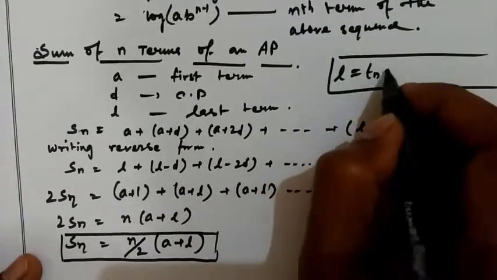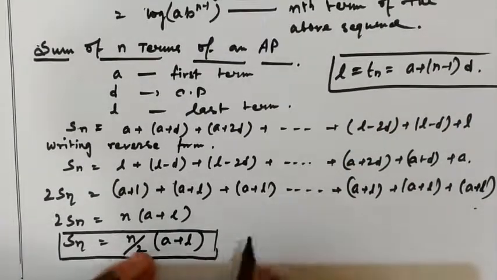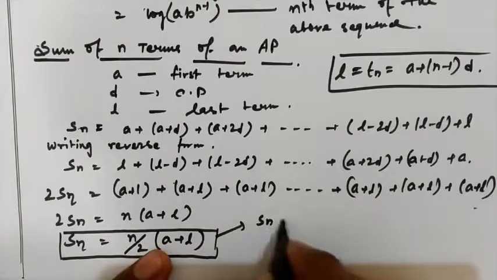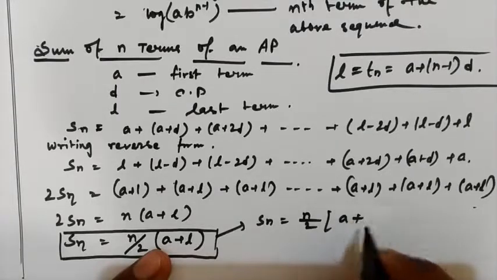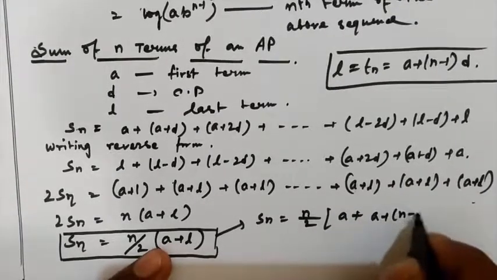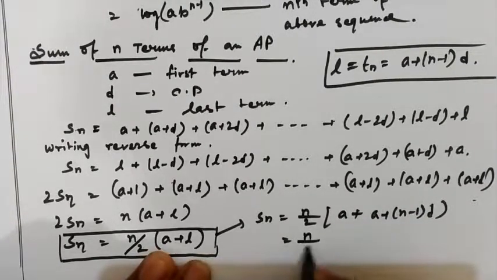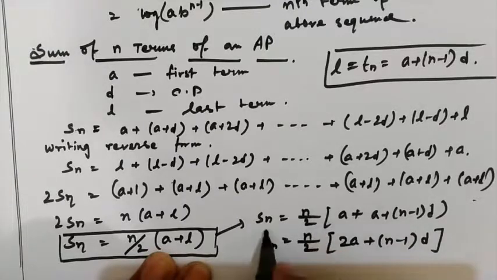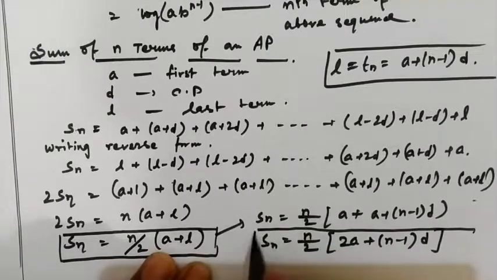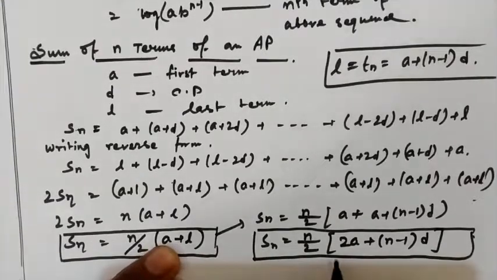L is equal to Tn is equal to a plus n minus 1 into d. So this equation further can be written as Sn is equal to n by 2 into a plus a plus n minus 1 into d, that is n by 2 into 2a plus n minus 1 into d. This is the final expression for the sum of n terms of an AP.